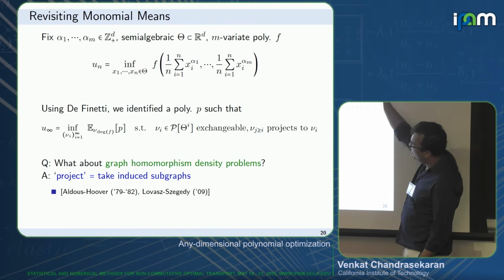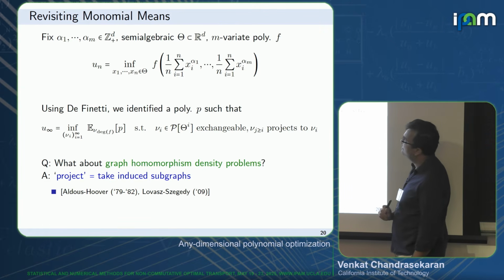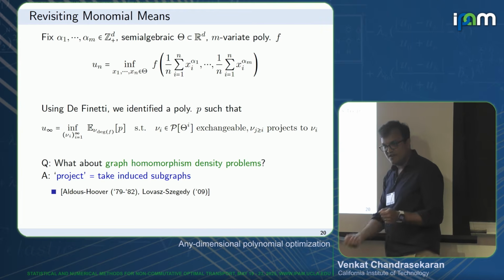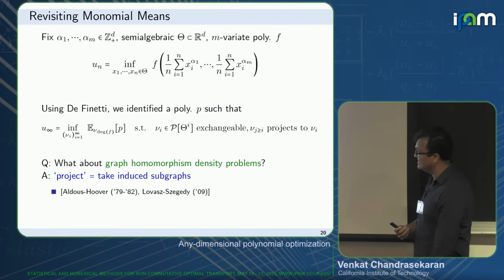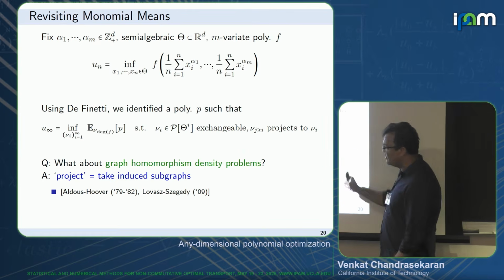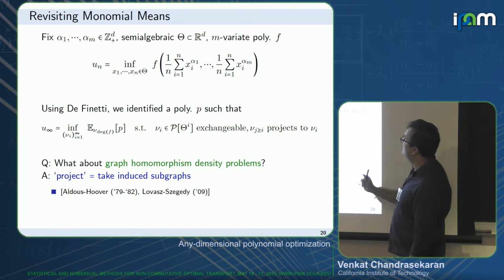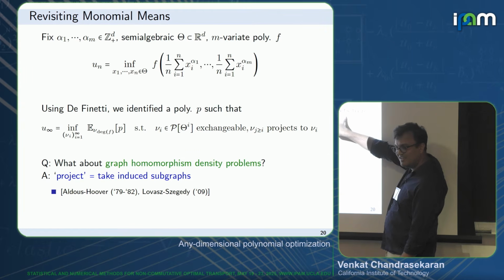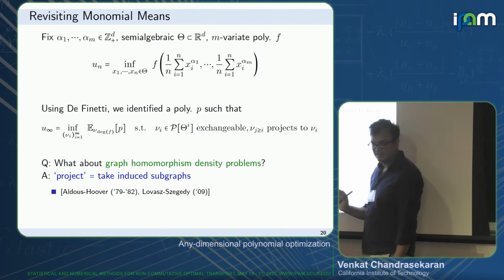What if instead of monomial means you had graph homomorphism densities, where you needed to verify inequalities involving homomorphism densities for graphs of all sizes? It turns out that exactly the same reformulation goes through, but with projections replaced by taking induced subgraphs.